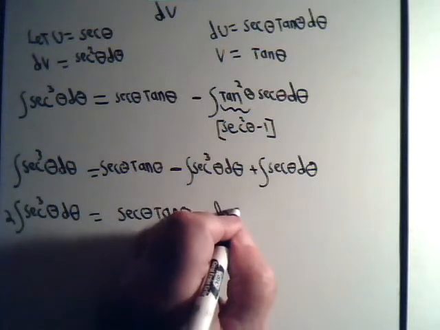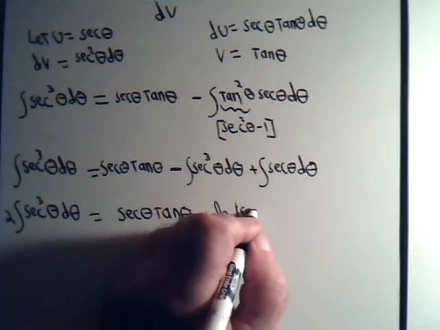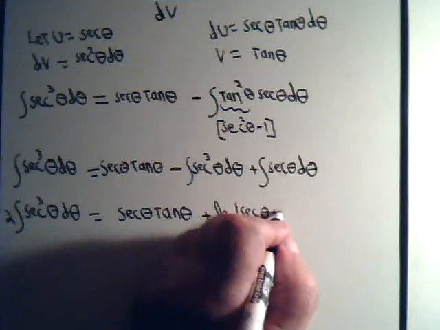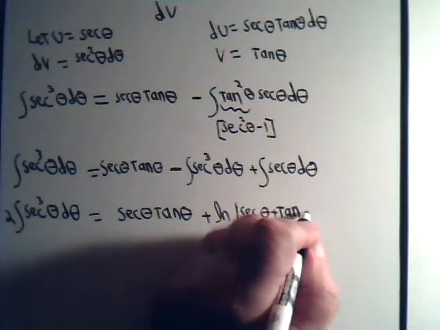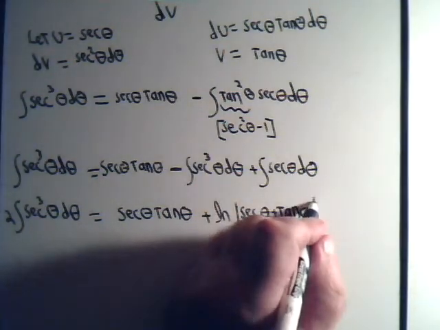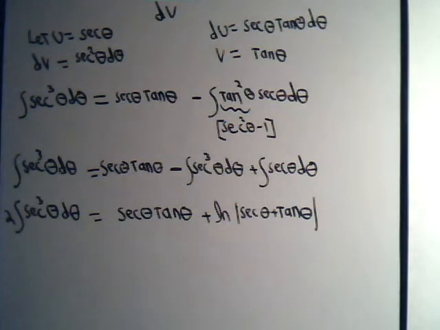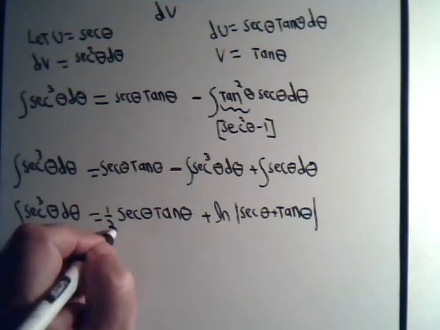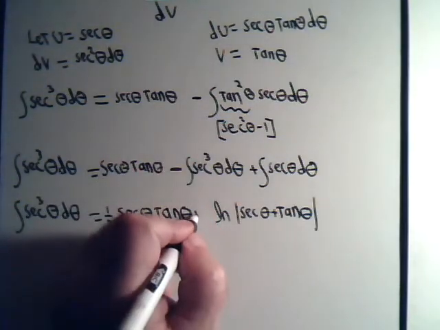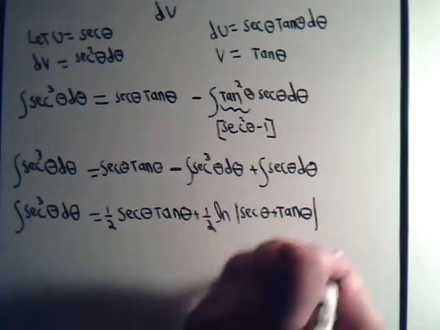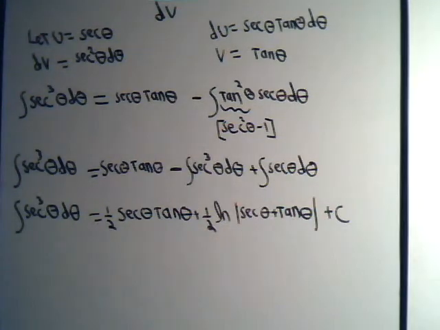That's the natural log of secant of theta plus tangent of theta. And it looks like we should be finished. Multiply both sides by 1/2. Add our arbitrary constant of integration, and there it is. That should be the solution.